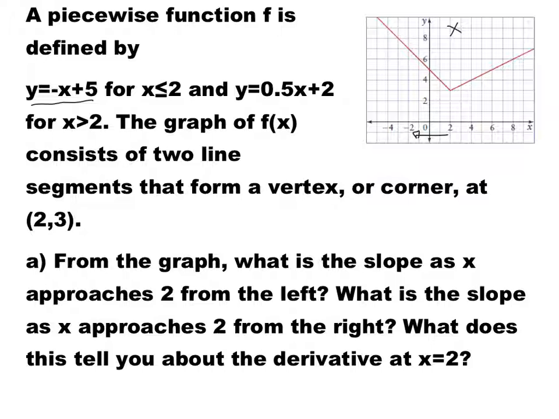When x is greater than 2, which is this side of 2, the function is given by y equals 0.5x plus 2. And we know that this point is (2, 3). The question is, if we look at the graph, what is the slope as x approaches 2 from the left, meaning this way, and what is the slope if x approaches 2 from the right side?